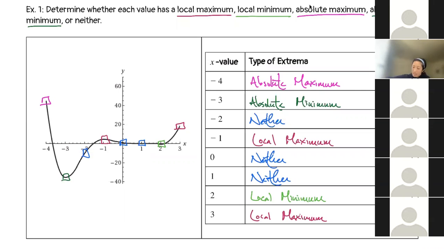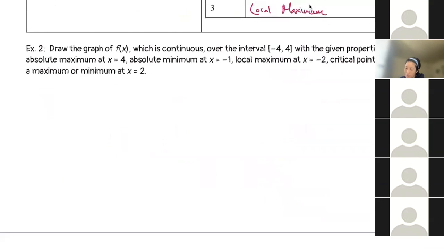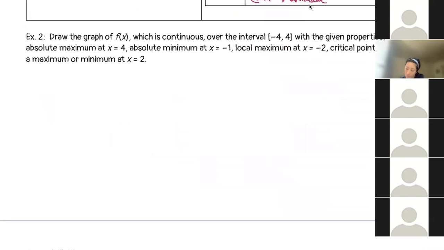All right. So let's move on to example number 2. Okay. And so for example number 2, it says draw the graph of f of x, which has the following characteristics. Okay. It is continuous. All right. And I only care about from x equals -4 to 4.